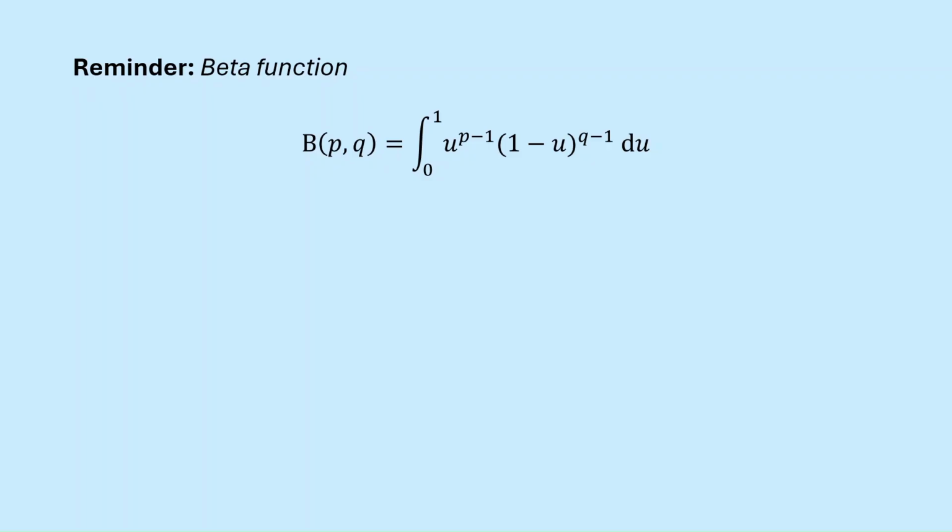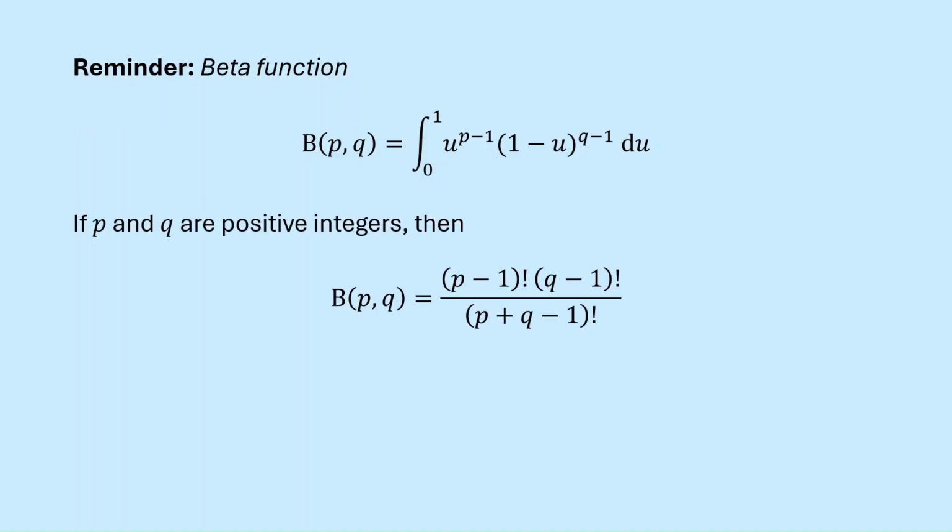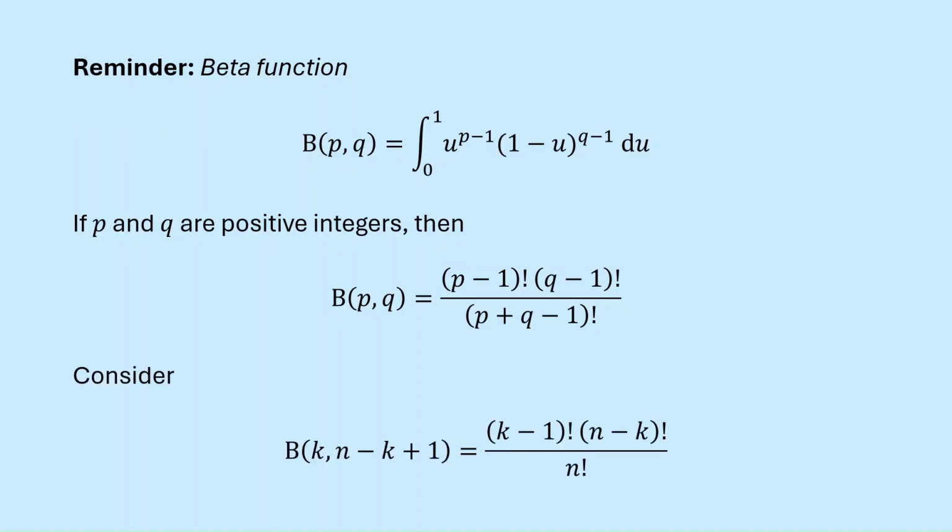First, recall the definition of the beta function. When its arguments are positive integers, the integral takes the value given by this expression with factorials. Now, in particular, consider the beta function with arguments k and n minus k plus 1.